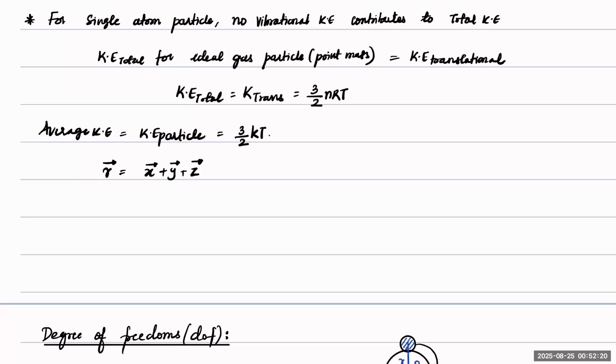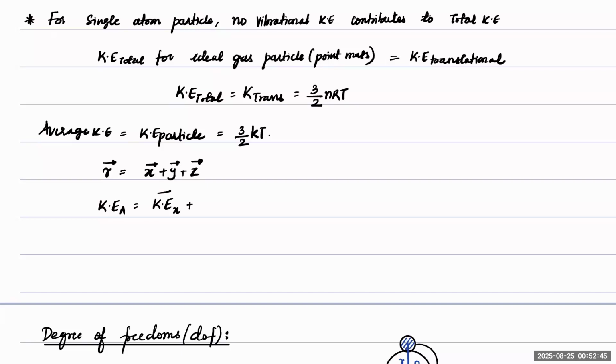So if this is how we write the vector, then since the overall value of kinetic energy is 3 by 2, I can say that the kinetic energy at a point A will be equal to the kinetic energy in the x direction component.